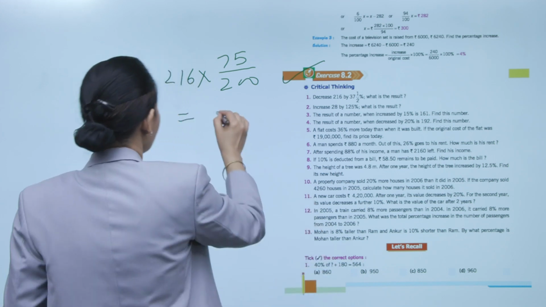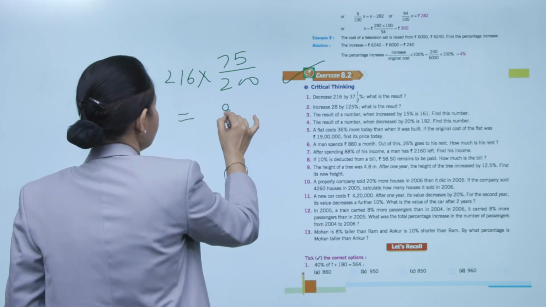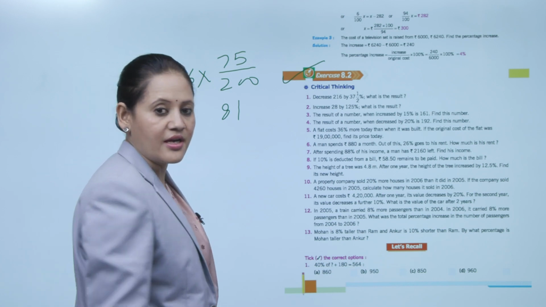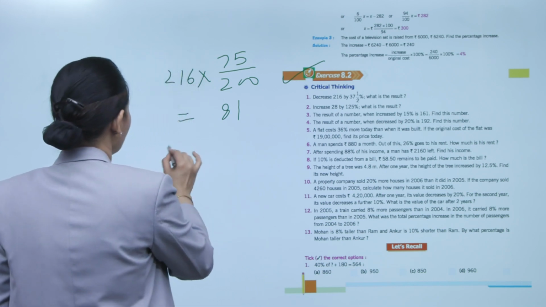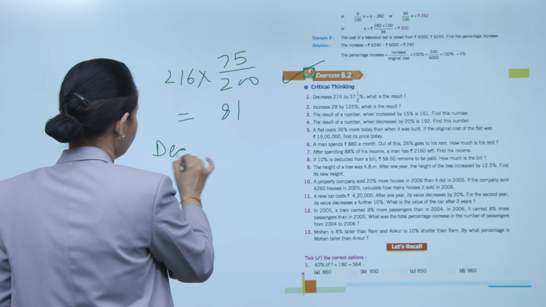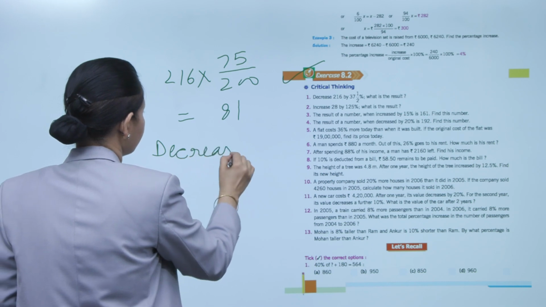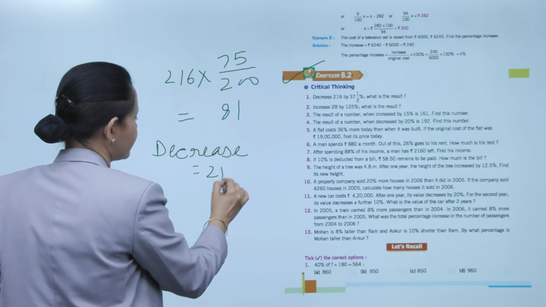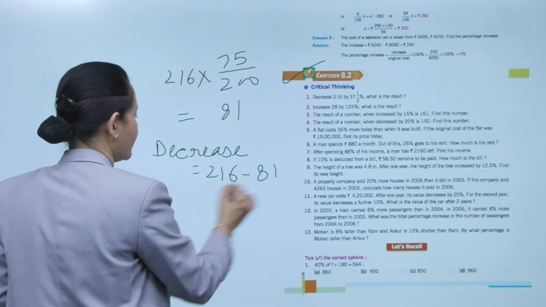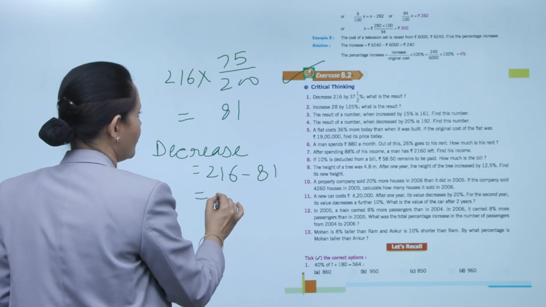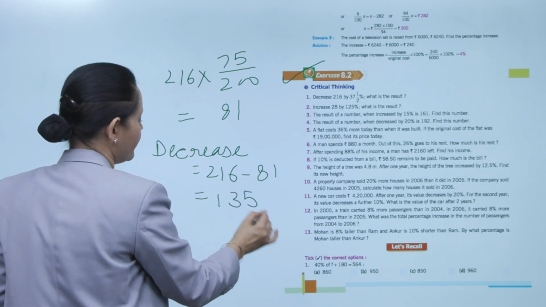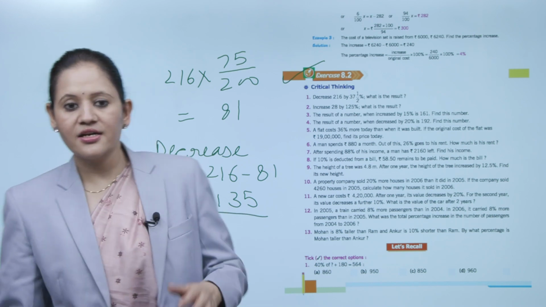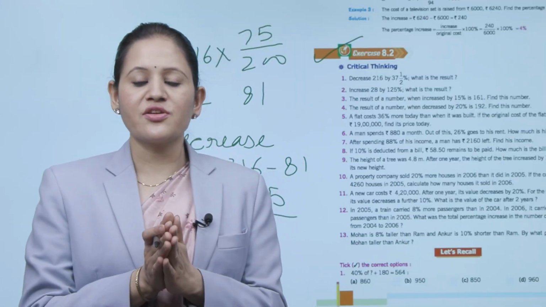So, सॉल्व करेंगे, that is equal to 81. Clear? Now, decrease कितना हो जाएगा? 216 minus 81, that is 135. Clear? So, practice all the questions of this exercise.